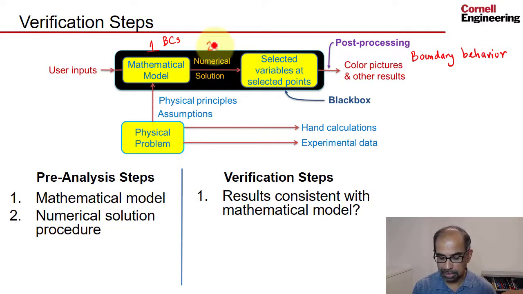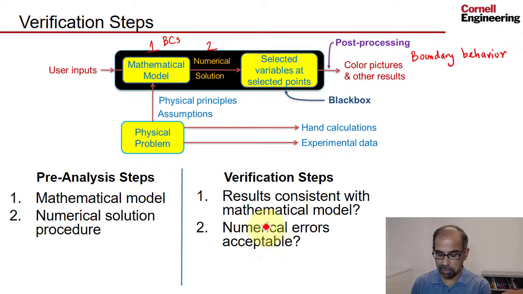And there are errors introduced in the process. So the corresponding verification check is, are the numerical errors introduced by the numerical solution procedure acceptable? We'll look at the linearization and discretization errors, more on that on the next slide.